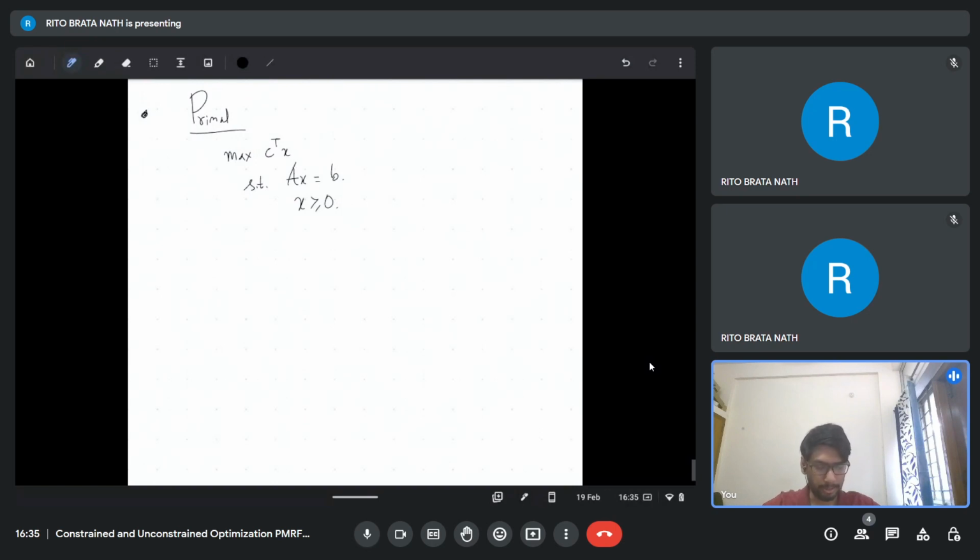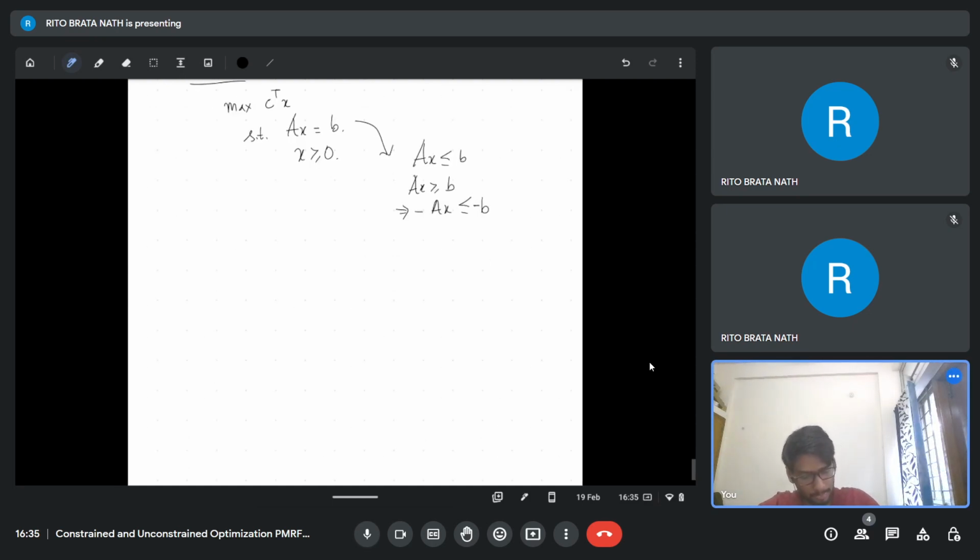In that case, you can convert this into AX less than or equal to B and AX greater than or equal to B. So both are together valid. This one you can convert as minus AX less than or equal to minus B.